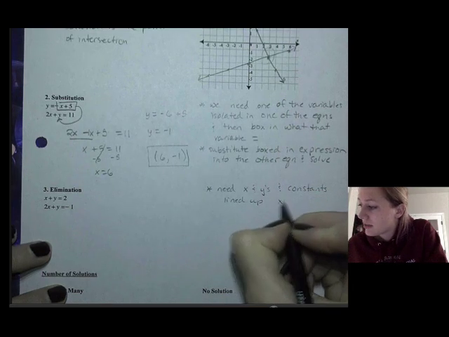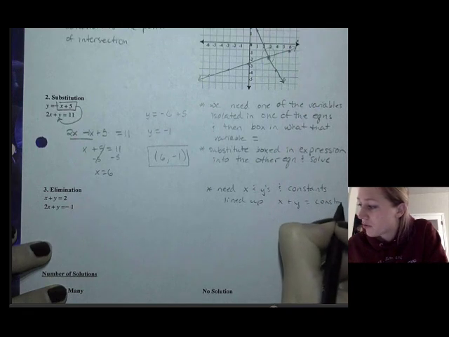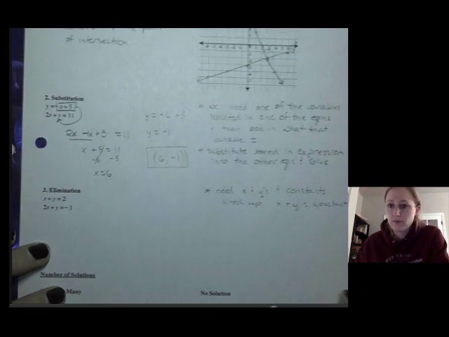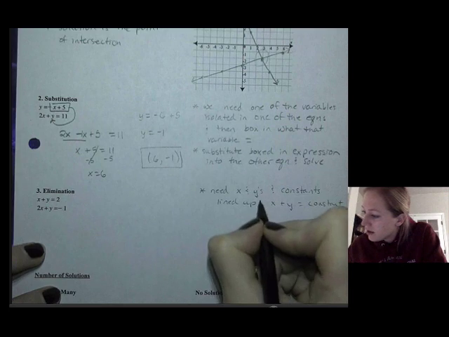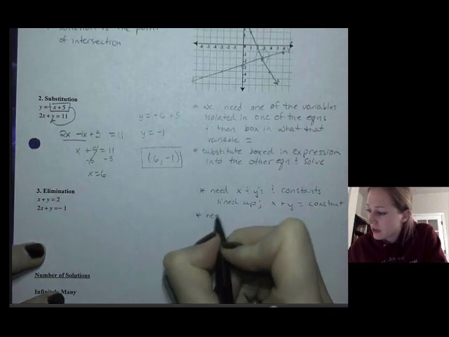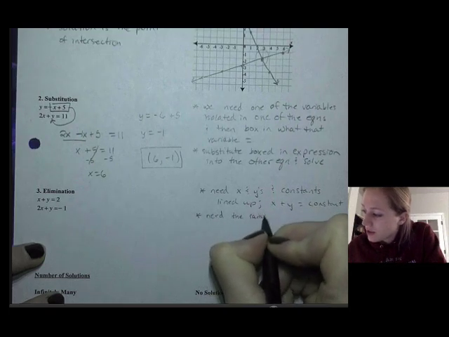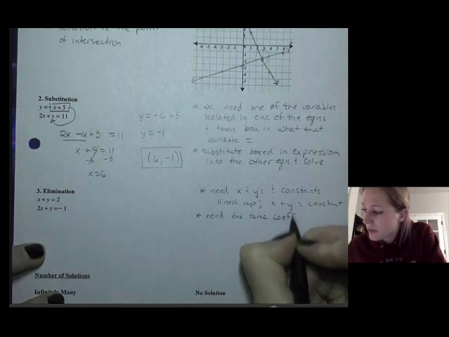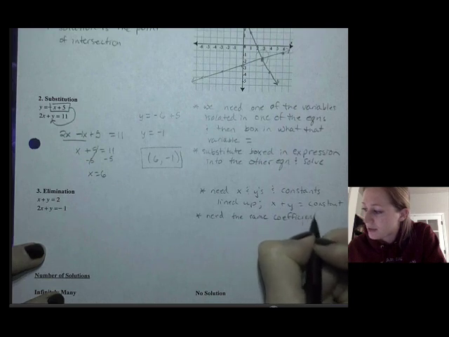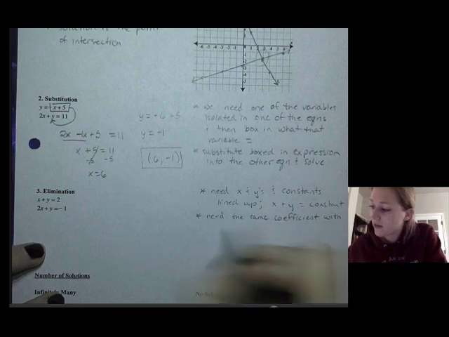So x's plus y's equals a constant is the form that we want. The other part we need is the same coefficient, which remember is the number in front of a variable. We need those to be the same, but with opposite signs, so one positive and one negative.